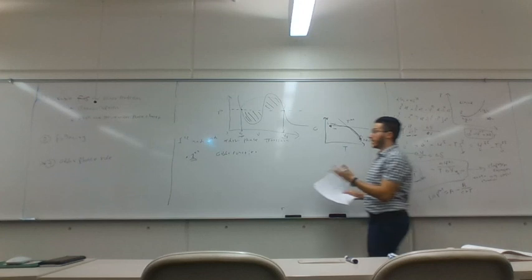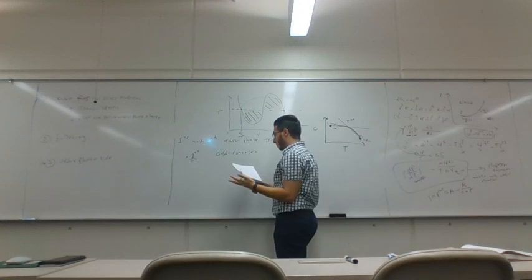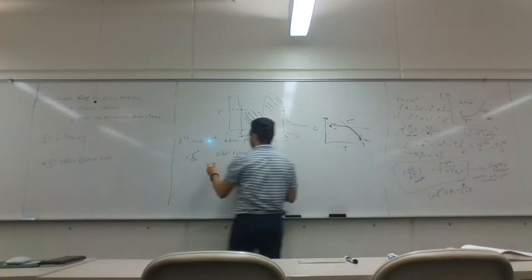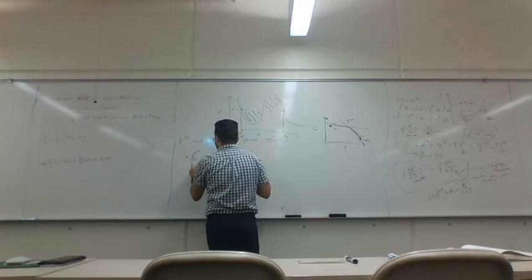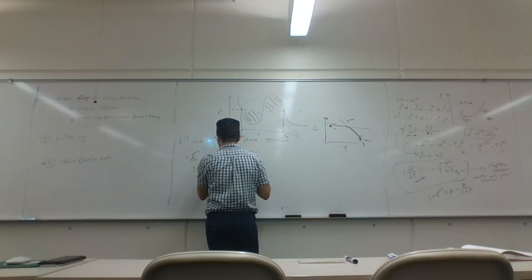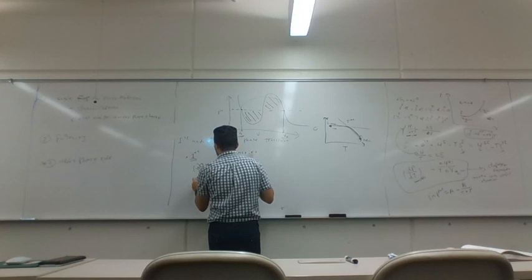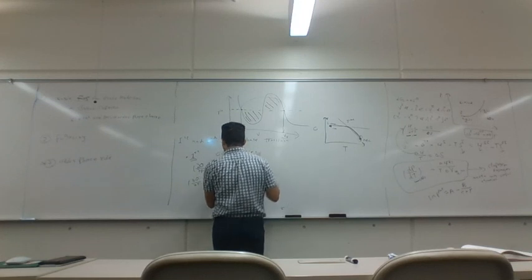So we will define the first order phase transition as the phase transition that keeps the Gibbs function continuous, which should be the case, but the first derivative is not continuous. This is the entropy.